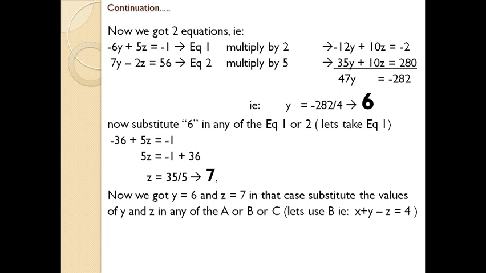Go for A, B or C, any of the three equations, substitute in any one of them, and you will get x = 3. This is how a simultaneous equation with three unknown variables is solved. I hope you have understood. We will discuss further cases in the coming sessions.